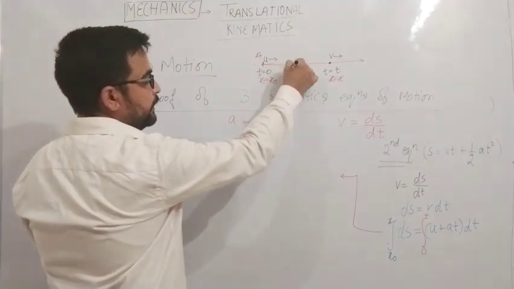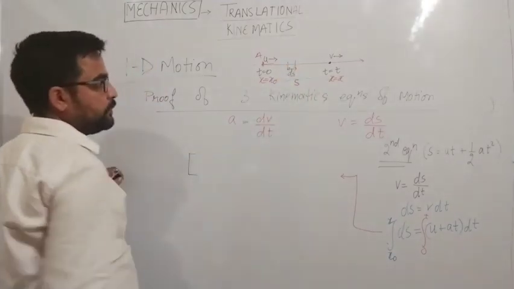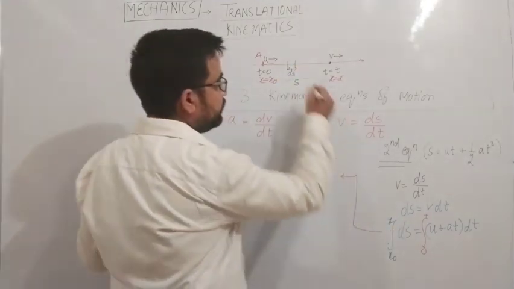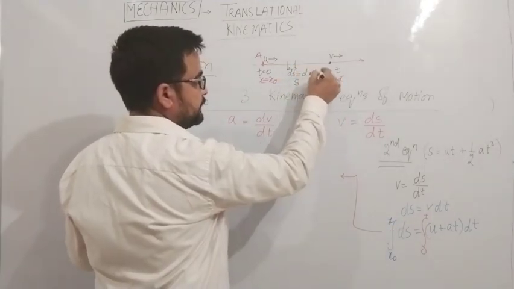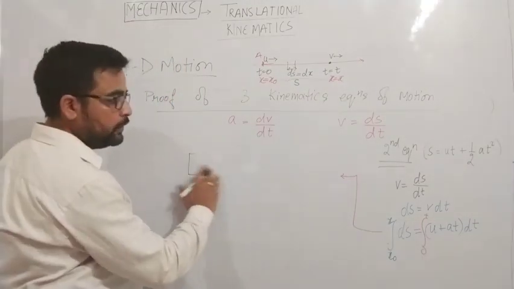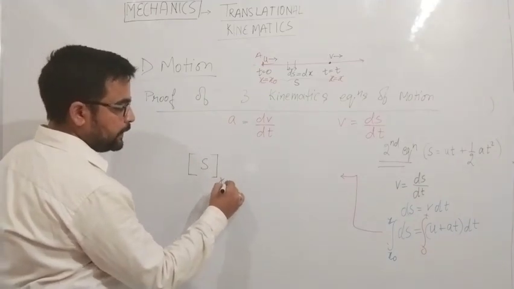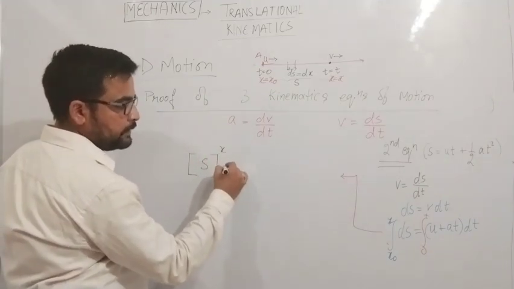Now ds will be a small change on this path, a small distance on this path. So you can say ds is nothing but dx. I am putting ds here so it should not confuse you. So what will be the integration of ds? That will be s, from x naught to x.